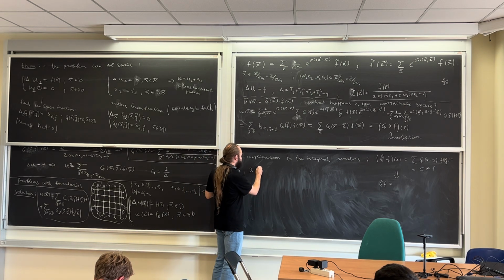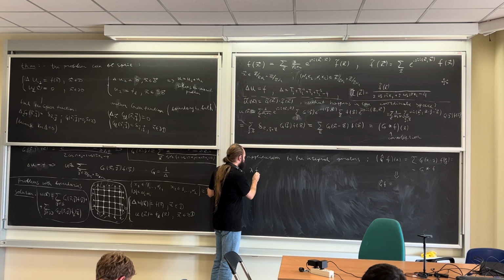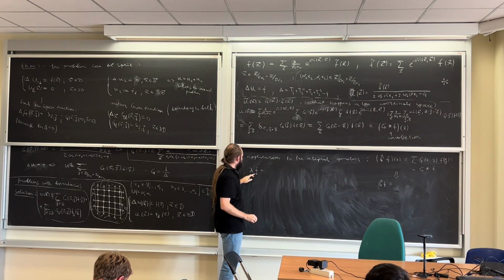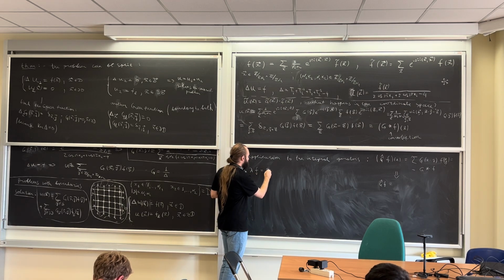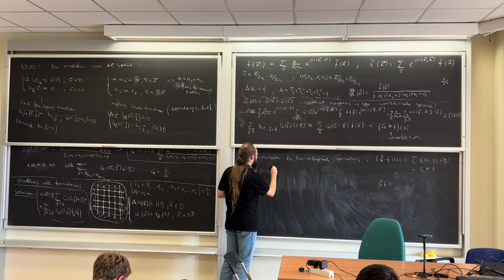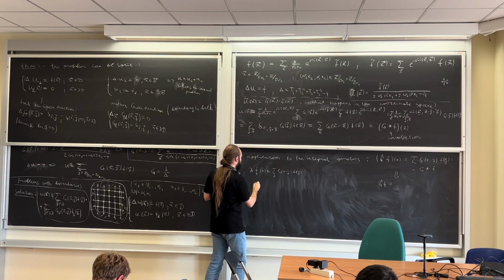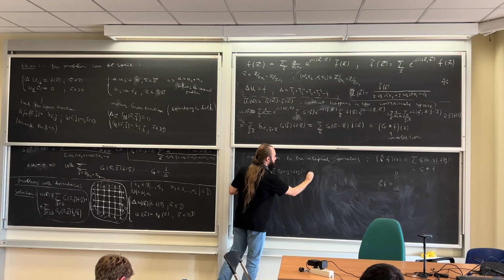So we want to find eigenvalues: lambda f of x equals the sum over y of g of x minus y times f of y. We want to find such lambda.